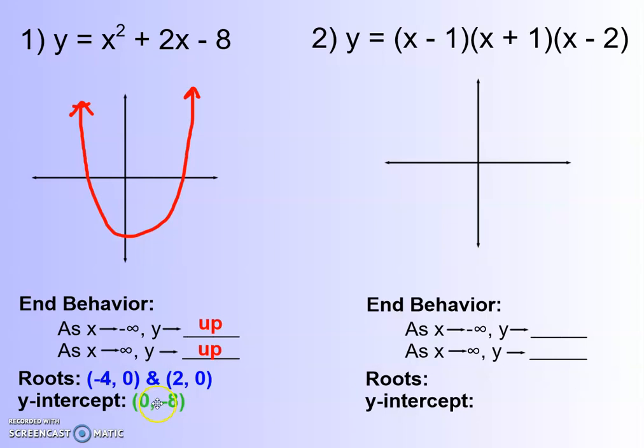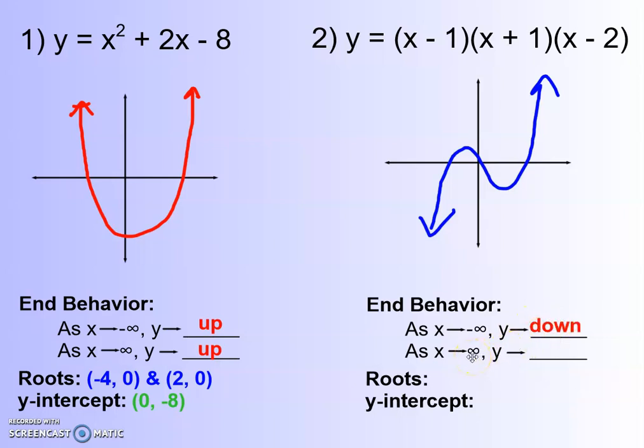Hey, welcome back to problem number 2. Let's see what you did. Hopefully when you graphed this problem, you graphed it as doing something like this. It comes up here, and then it goes down, and then it shoots back up again, like that. And so when we look at end behavior, as x approaches negative infinity, meaning as we move along this graph to the left, the y seems to be going down.